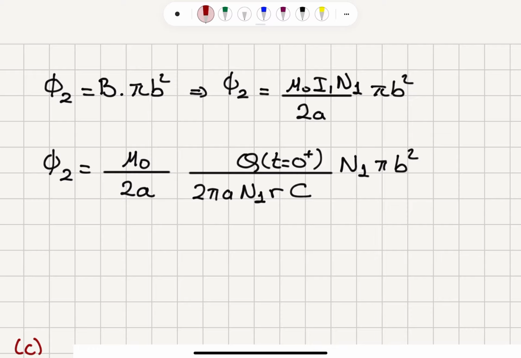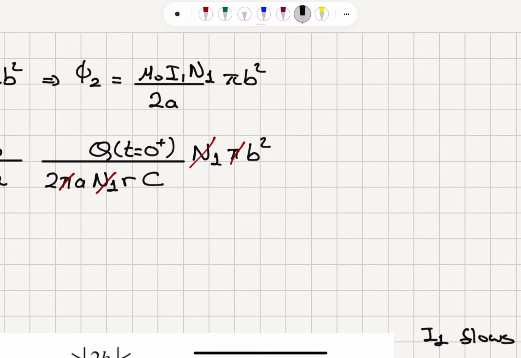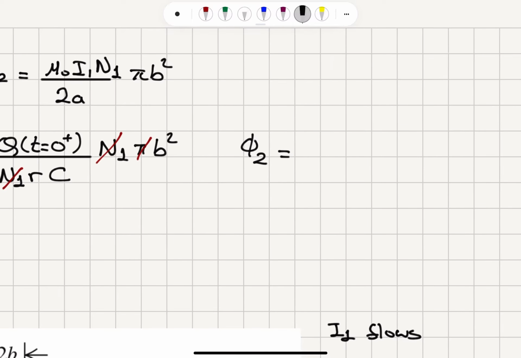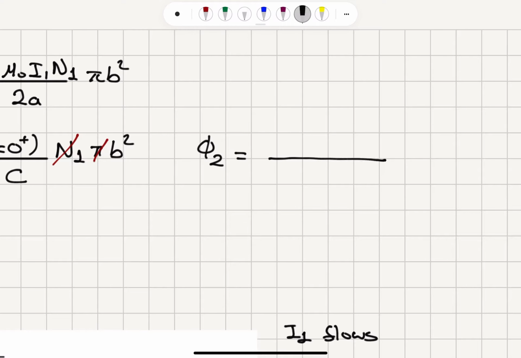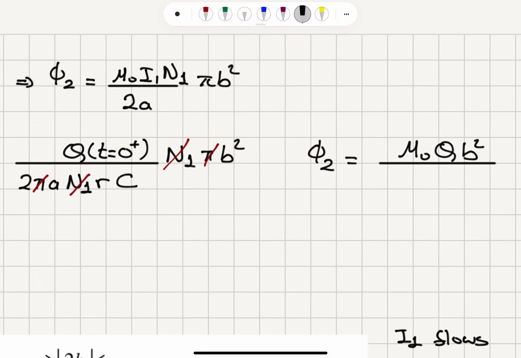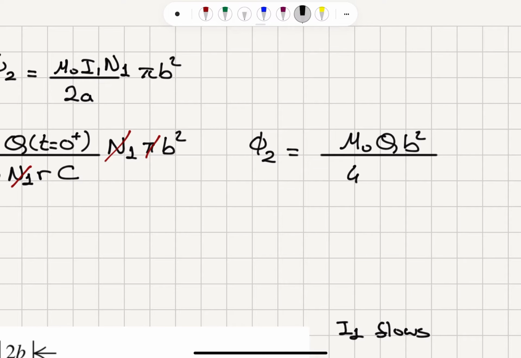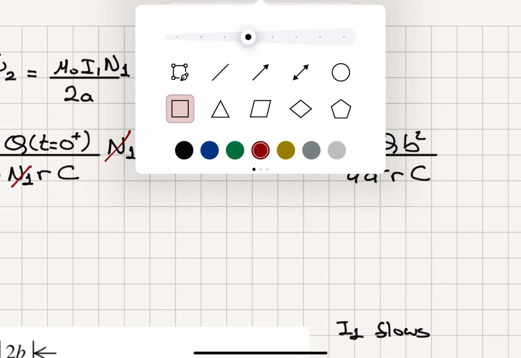Now you can see pi and N1 cancel with this pi and N1, and I will be left with mu 0 q b squared. So the flux through each turn of the second coil will be mu 0 q b squared divided by 2 times 2, 4A squared, 4A squared r C, where r is the resistance per length, lowercase r.